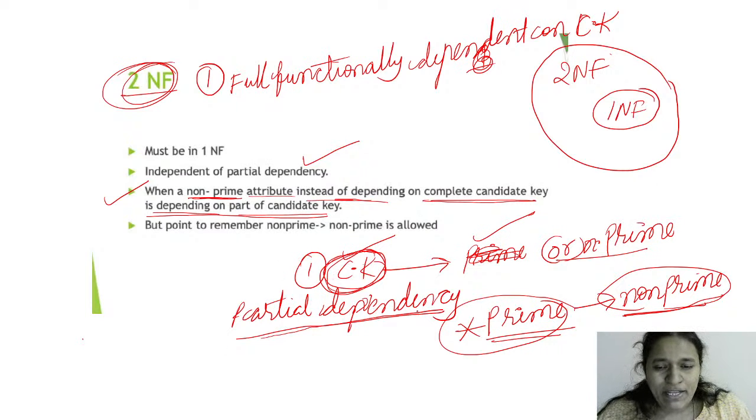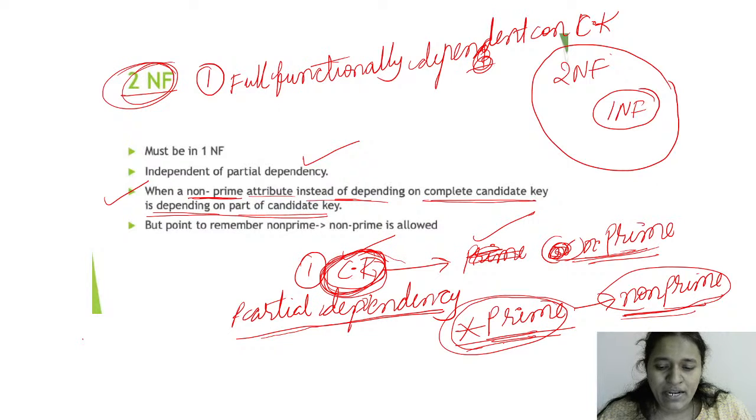Second normal form means the non-prime attribute should be fully functionally dependent on the candidate key. If, instead of the candidate key, a prime attribute comes on the left side and a non-prime on the right side, this is called partial dependency.